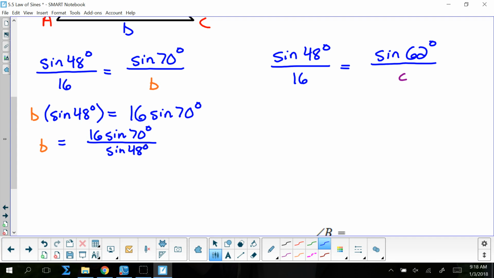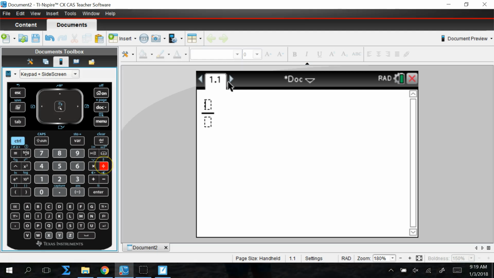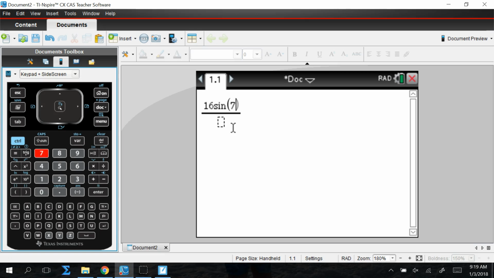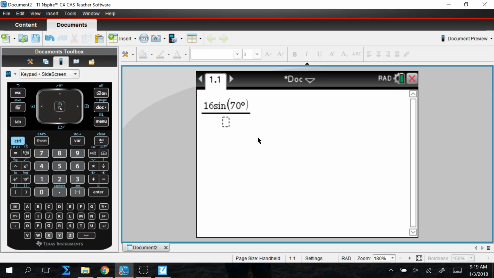Now, the reason why I said you should use your calculator all the way through is because each calculator is just a little different in how you type it in. If I type this into my calculator, I go 16 times the sine of 70, but mine's in radians, so I've got to put mine into degrees.